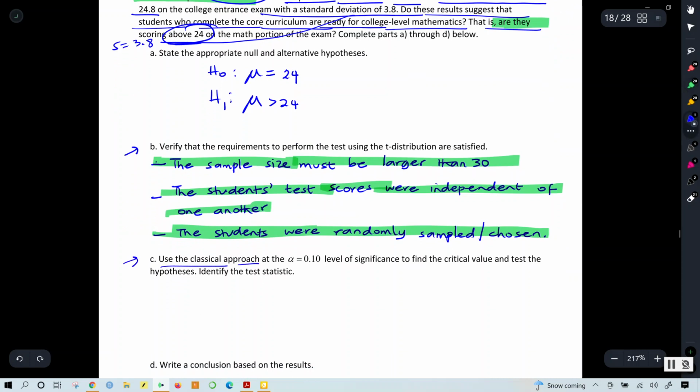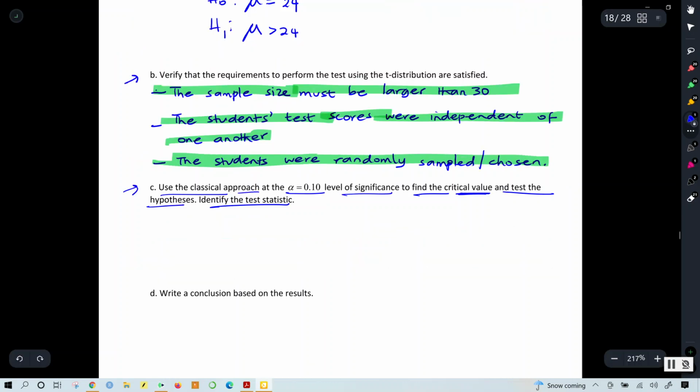Use the classical approach at alpha equals 0.10 level of significance to find the critical value and test the hypothesis. Identify the test statistic. In order to use the critical value and the test statistic, step 1, we find the critical value. So for the critical value, that's the first thing.